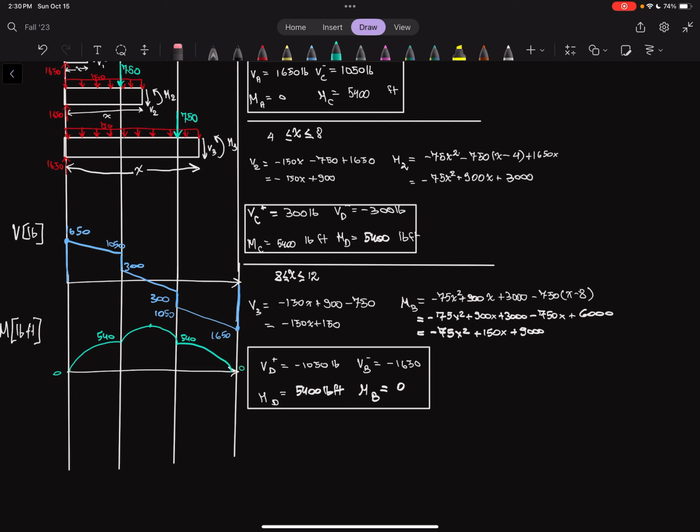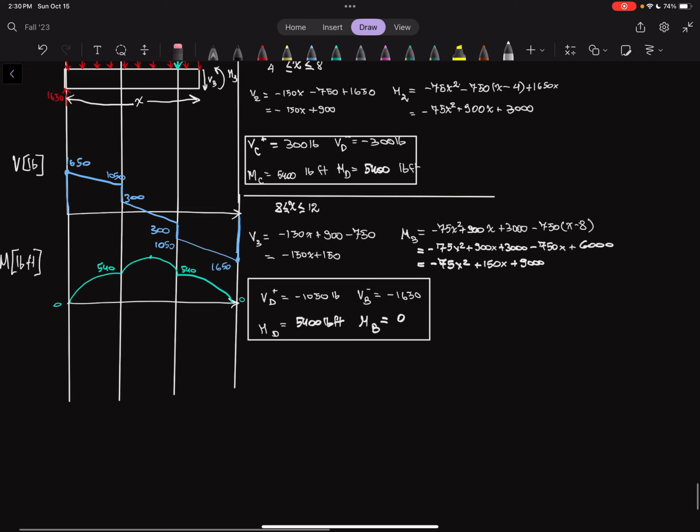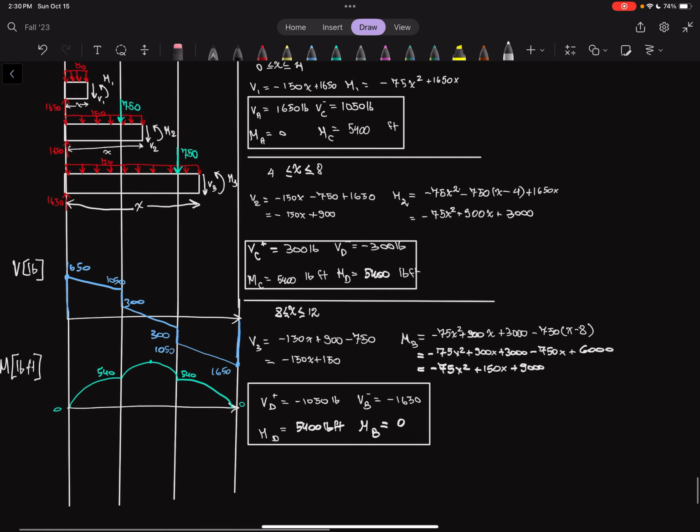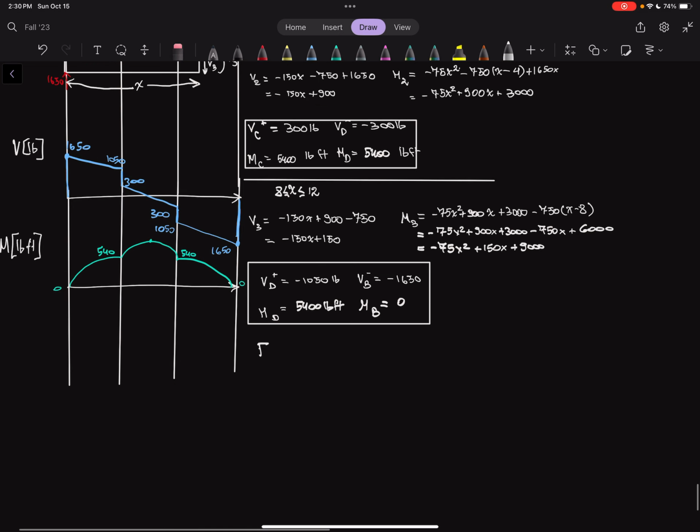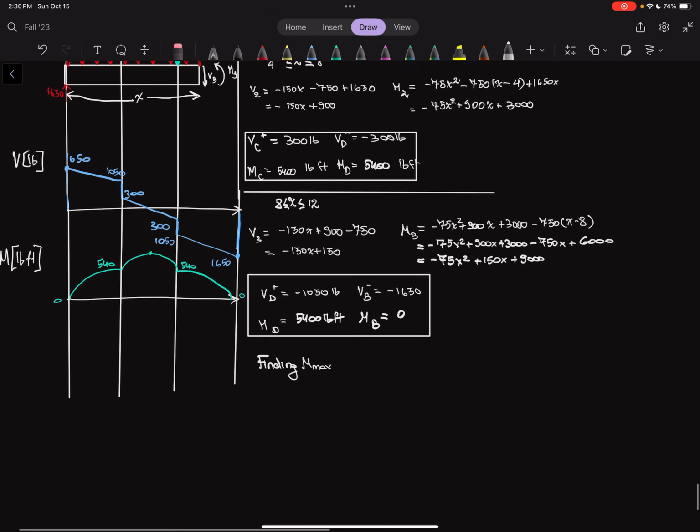And that is 0. So to find our max, what we do is we look at the second cut, finding M max. We look at V2 and we say that we want the x when that is 0. So that's going to be x is equal to 900 minus 150.